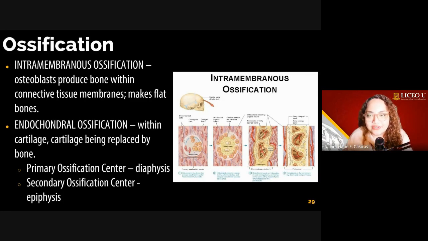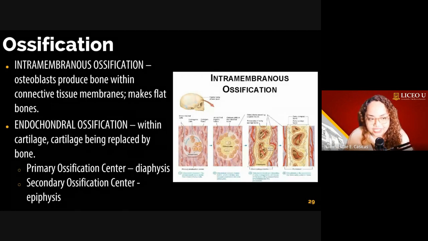In this kind of ossification, osteoblasts produce bone within connective tissue membranes, and they make flat bones. Flat bones such as the bones found in your skull, your ribs, your sternum. They're made through intramembranous ossification.